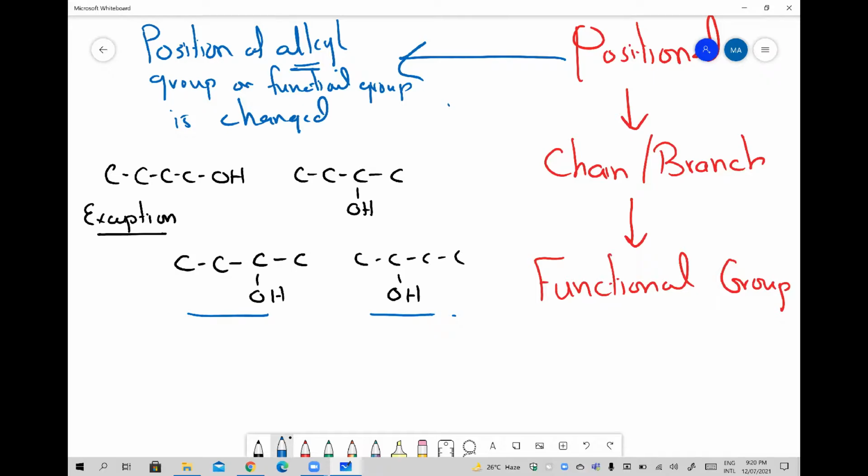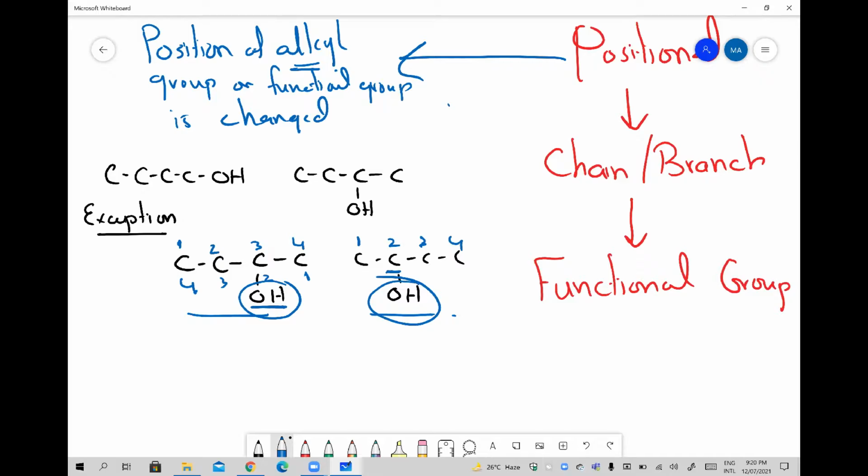That's up to us. This could be carbon 1, 2, 3, 4, or this could be carbon 1, 2, 3, 4. So if OH is attached on the second carbon from this side, and you start counting from the left-hand side in the second compound, 1, 2, 3, 4, OH is also attached on the second carbon. So technically, this OH is attached on the same carbon in both of these compounds. This is why these are not isomers.